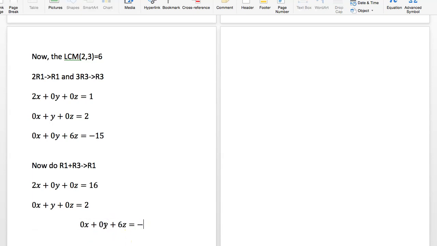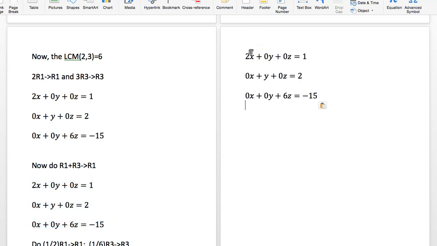No, that's not -30, that's -15. Okay, so -15 and 16 is +1. So there it is. Now let's do row 1, half row 1, put it into row 1, and 1/6 row 3, put it into row 3, and I'll get my echeloned out equation.